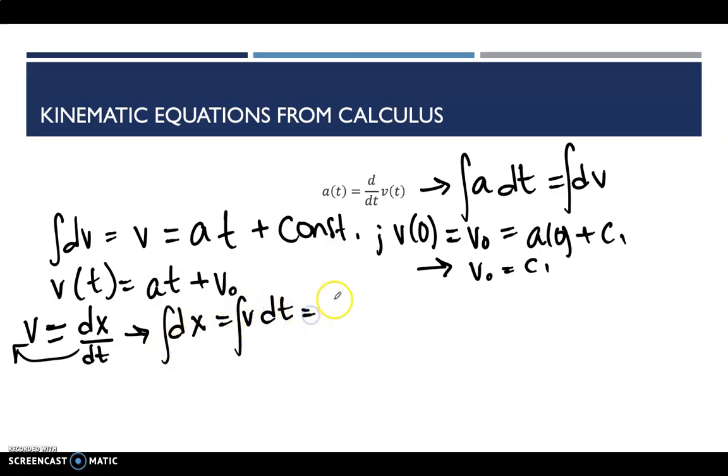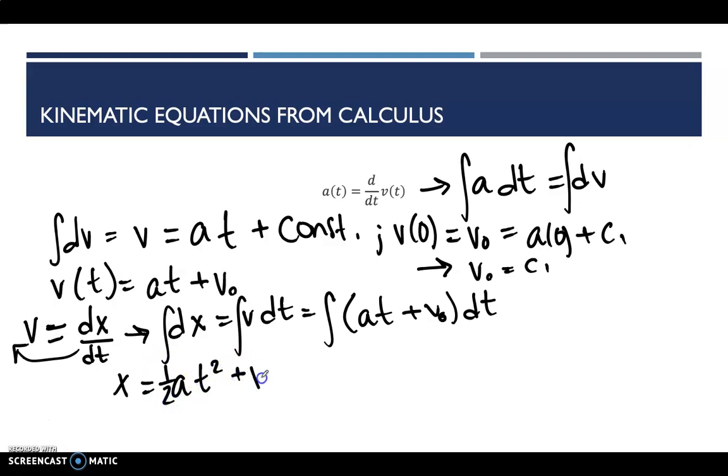And we'll need to plug in our v here, so that's a t plus v naught multiplied by dt, and we get x equals 1/2 a t squared plus v naught t plus another constant, c2 we'll call it, okay?